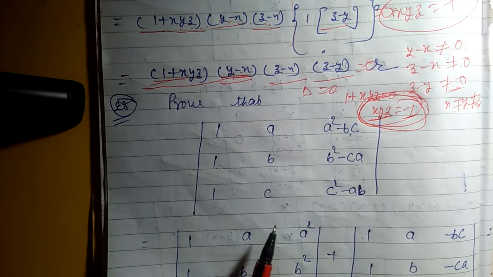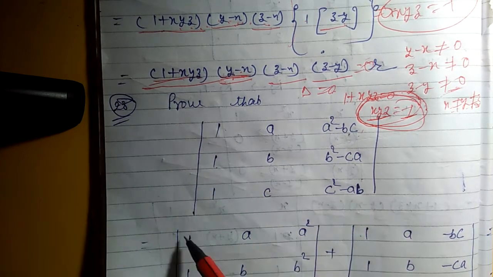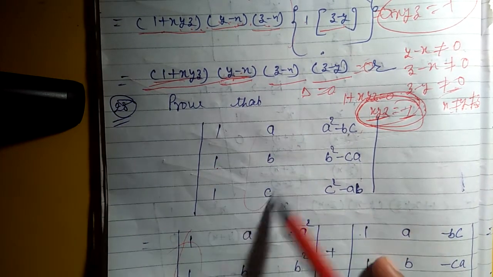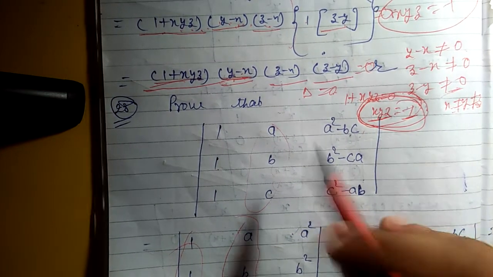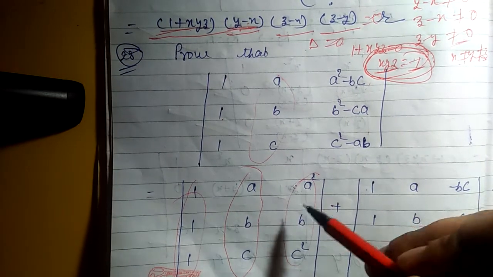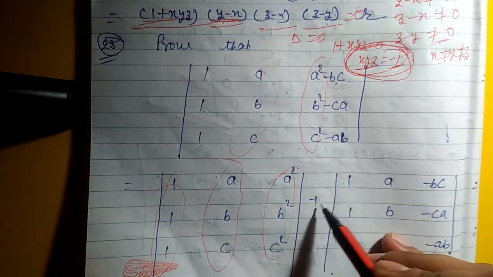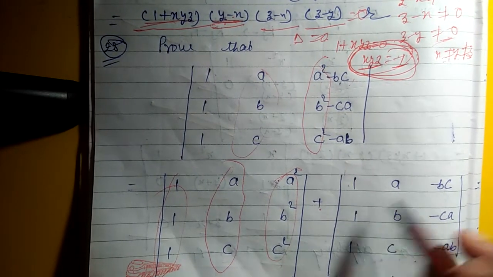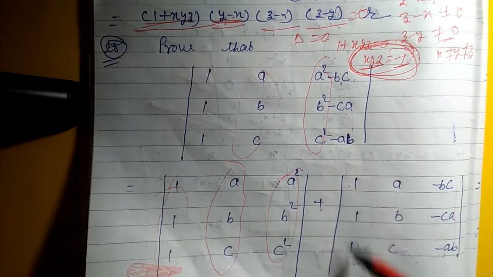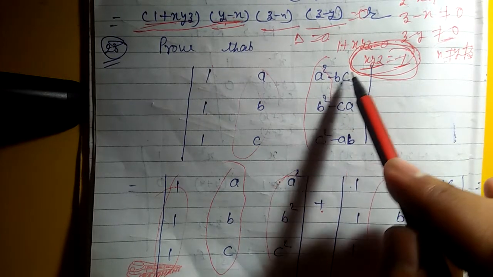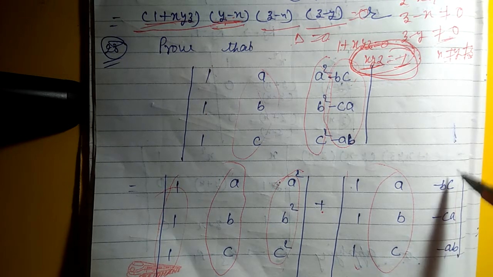change this determinant into two different determinants. In which way? You will write C1 as it is, you will write a b c in the second column as it is, but in the third column you will write the first part of this C3, and you will put a plus sign here, and for the second determinant you will write 1 1 1 as it is, and a b c as it is, and the second term of this column you will put as it is, minus bc, minus ca, minus ab at the third place.